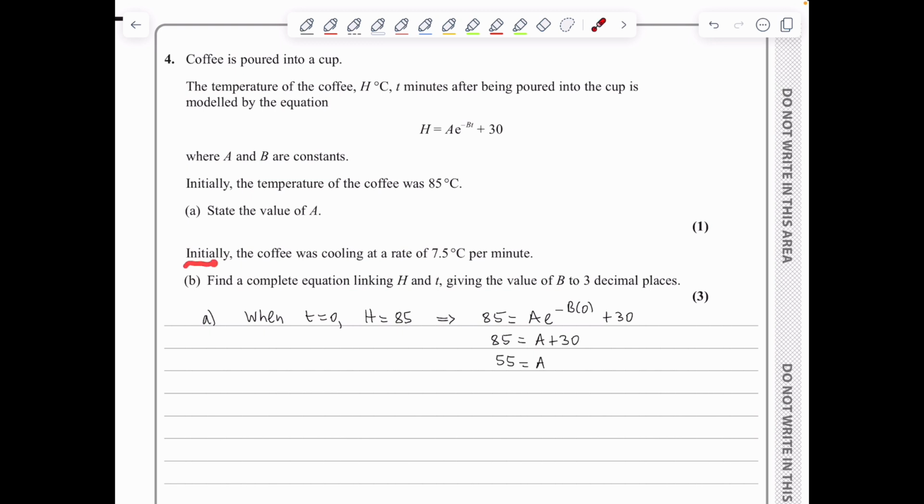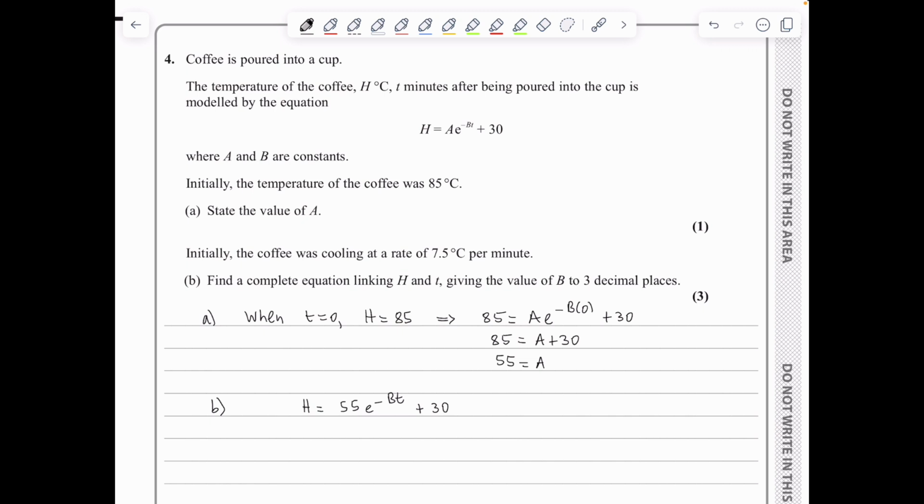In part b, we are told that initially the coffee was cooling at the rate of 7.5 degrees Celsius per minute, and we need to find a complete equation linking H and T, giving the value of B to 3 decimal places. Well, let's start by stating the equation as it stands with the value of A we just obtained. So H is 55 e to the minus BT plus 30.